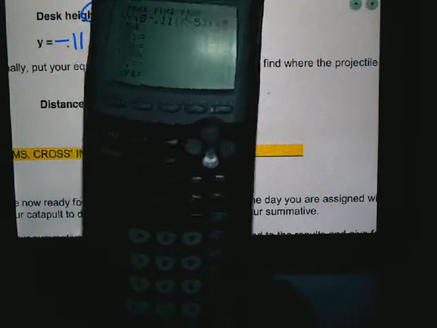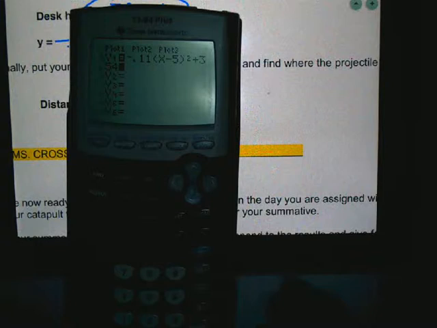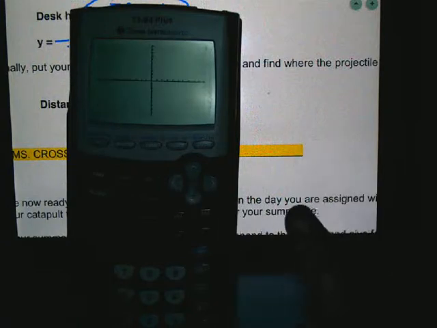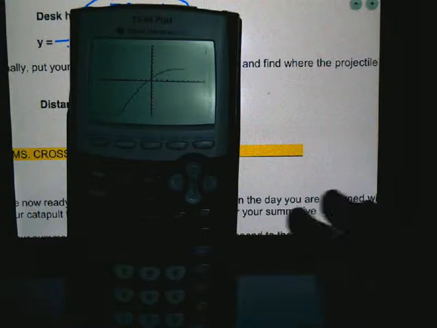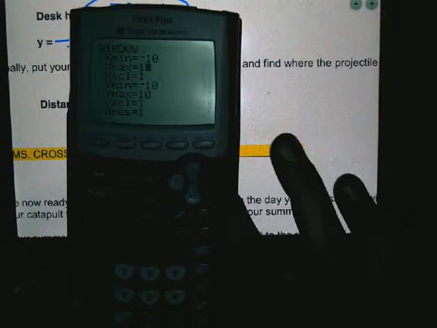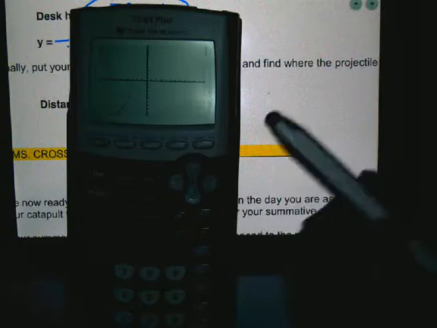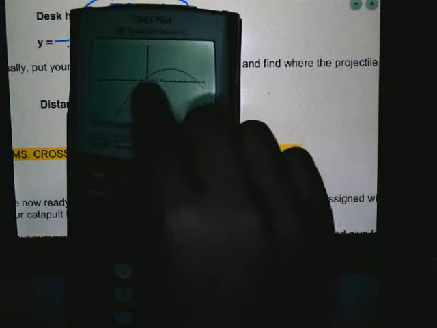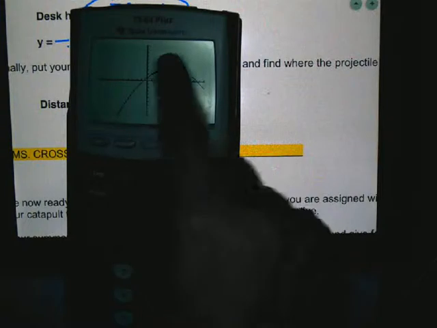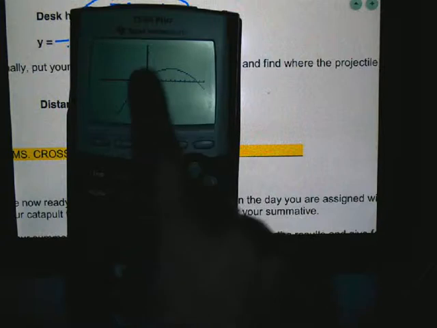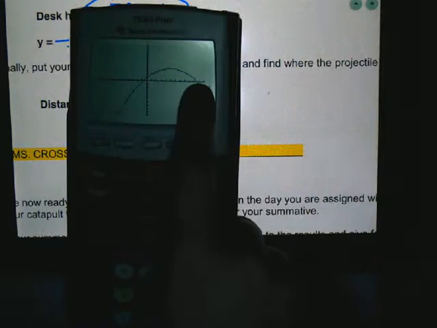I'm going to use a normal window, so I'm going to go to Zoom Standard, see what happens. Okay, I'm going to have to zoom out a little bit, or change my window a little bit. Now what this is showing is right here, it's leaving the table, and then where it hits the x-axis again, that's mimicking the ground. So it's leaving the table and it's hitting the ground in that spot. That's the spot I want to find.